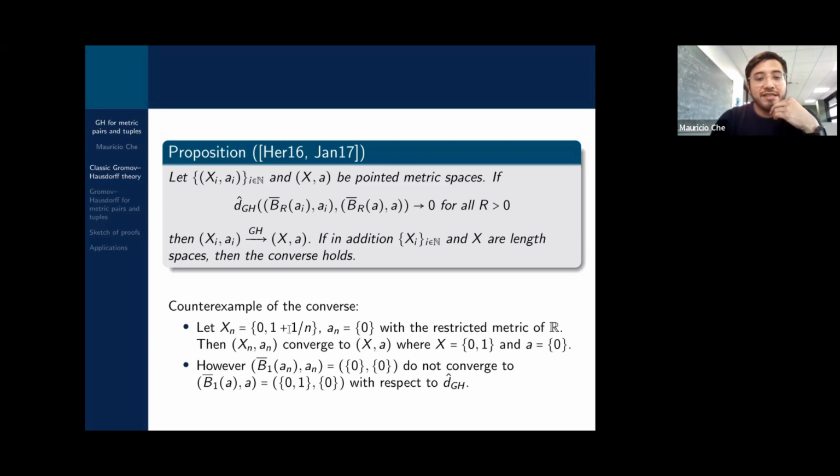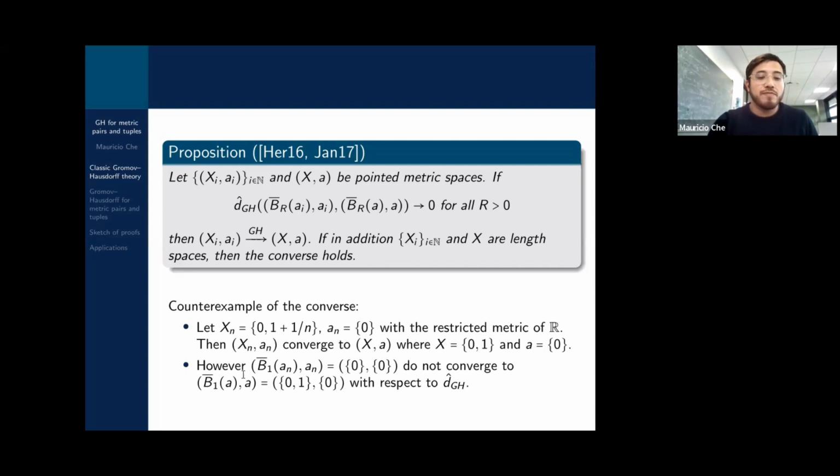Consider the sequence X_n given by two points, the point 0 and the point 1 plus 1 over n, with the distance of the real line restricted, right? And consider the point a_n, which is the 0. Then the sequence converges, in the sense that I defined some slides before, using the almost isometries, to the space which is just 0 and 1, where the distinguished point is 0.